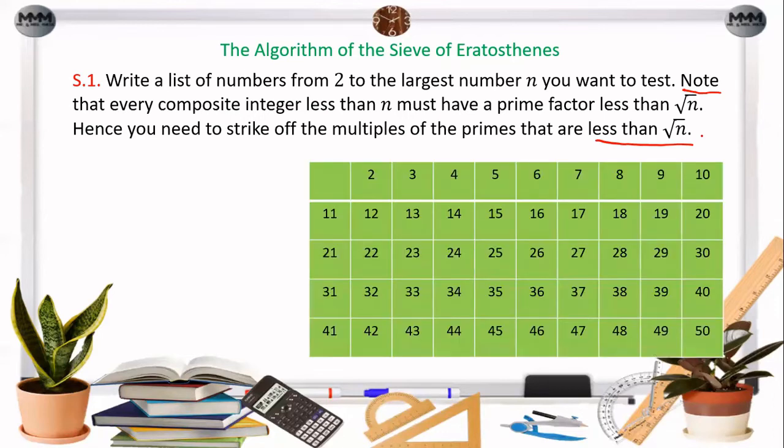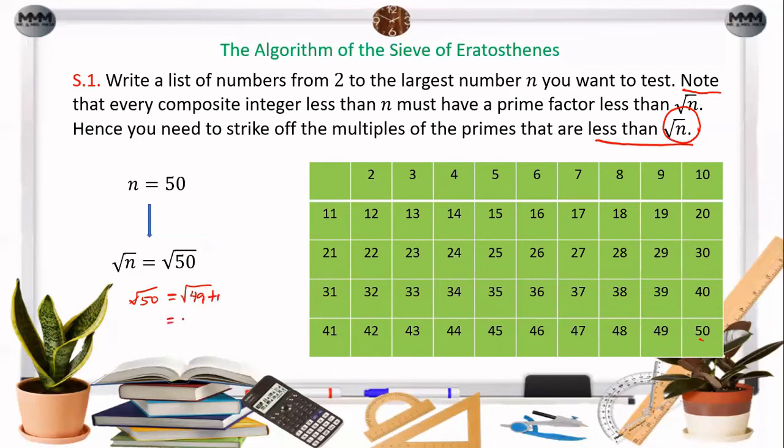So let's try this with numbers from 2 to 50. Our n here is 50, so let's find the square root of 50. Again, let's use the trick. The perfect square closest to 50 is 49, and 49 plus 1 is 50.